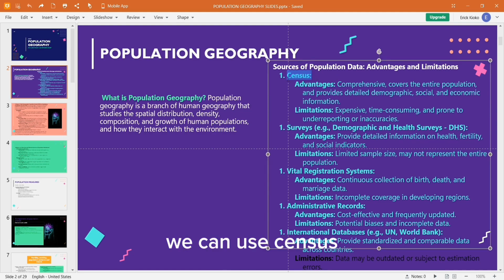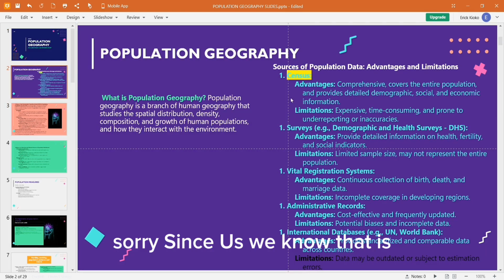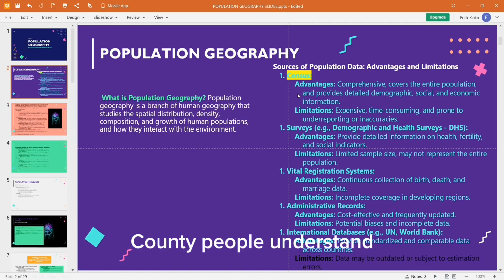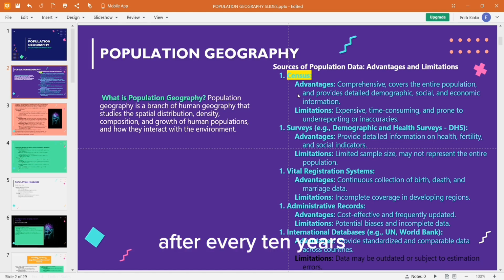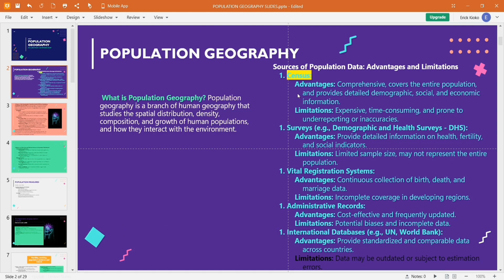We can use census to find population data. Census, we know, counts people and is done every 10 years. For example, here in Kenya, we do a census every 10 years.